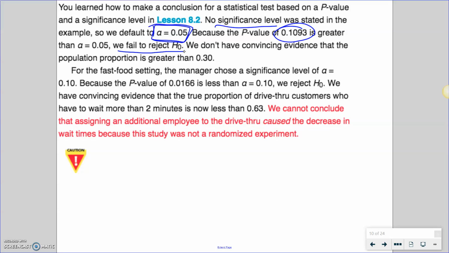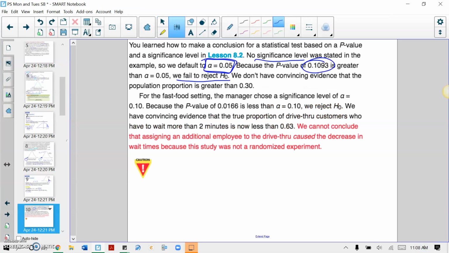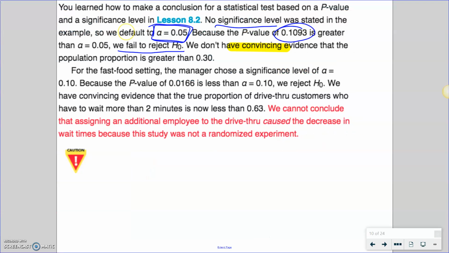We don't have convincing evidence that the population proportion is greater than 0.3, okay? Here's the key phrase right there: we don't have convincing evidence. Do we have some evidence? Well, yeah, we got a number that is actually bigger than 30% when we tested it out. But it's not enough to say that we're totally scrapping the statistic that's already been established, okay?